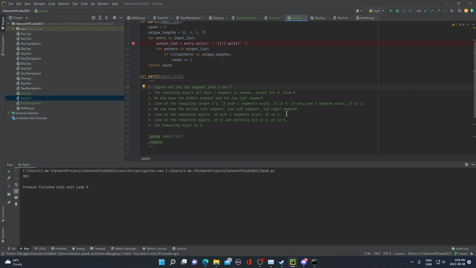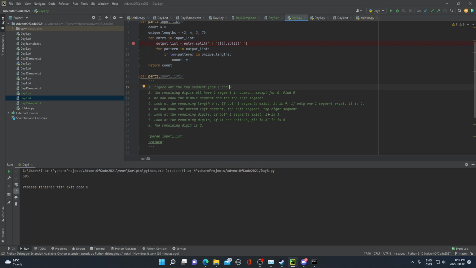Now the question is, how should I store it? My hunch is to store it with the letters, with the segments, in a dictionary as the key, and the corresponding number as the value.